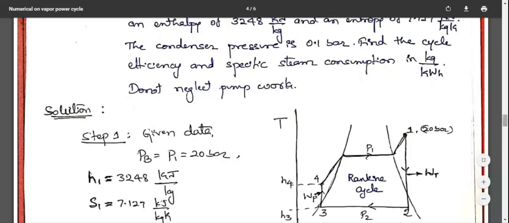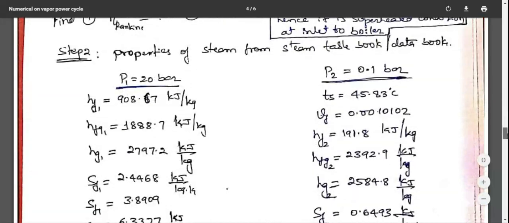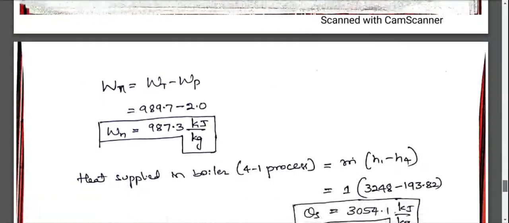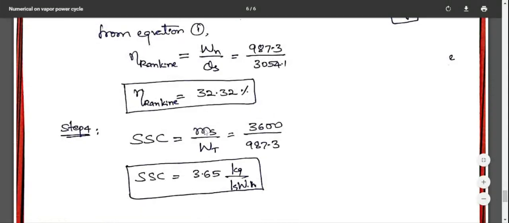If you do not multiply by 3600, it will be kg per kilowatt second. To convert seconds into hours, multiply by 3600. Here we have multiplied, then divided by the net work done by the turbine, 987.3. So the SSC is 3.65 kg per kilowatt hour.